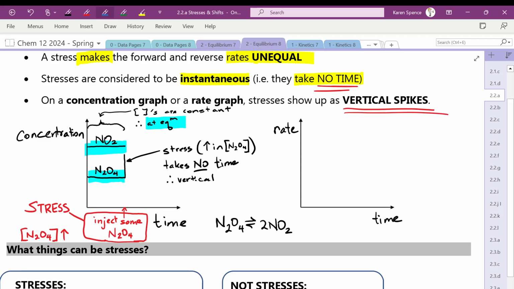So if I'm going to have the blue line represent my forward rate and the red dashed line represent the reverse rate, what will they have to be like initially? Will they be the same or will they be different?